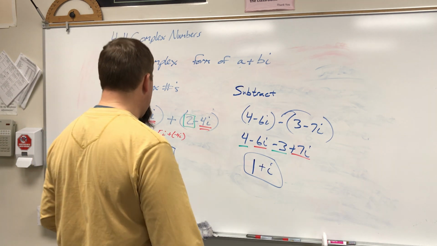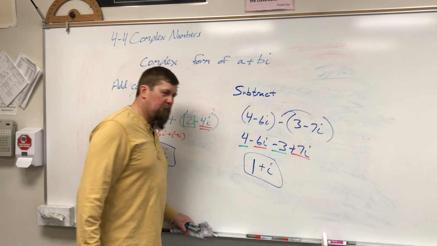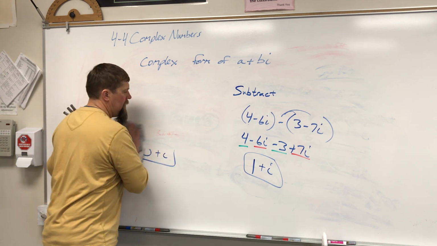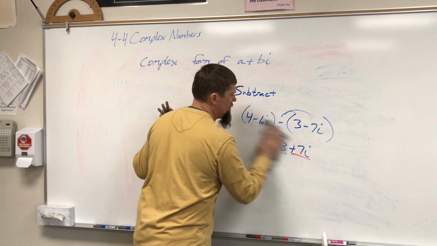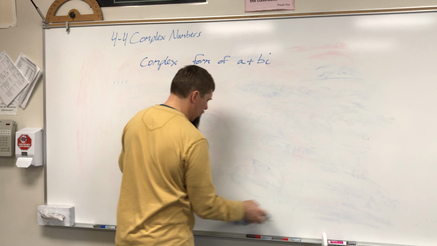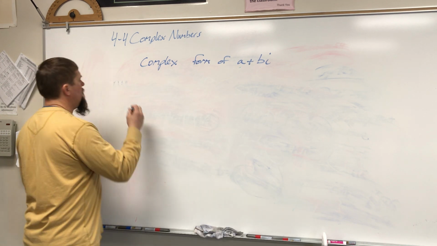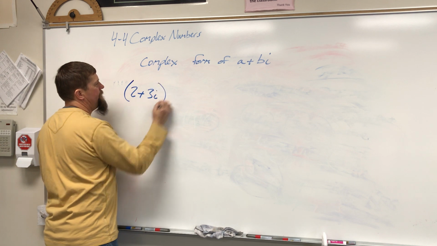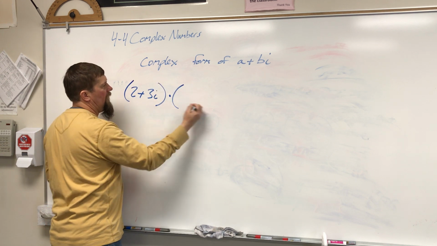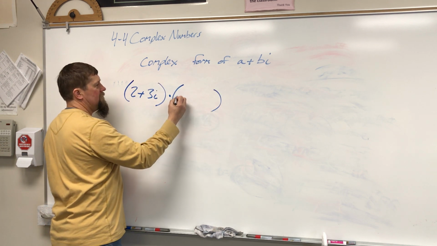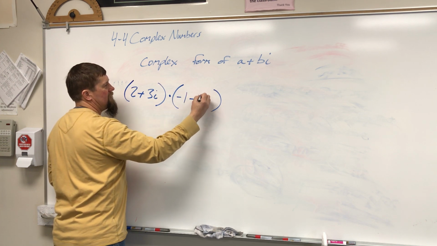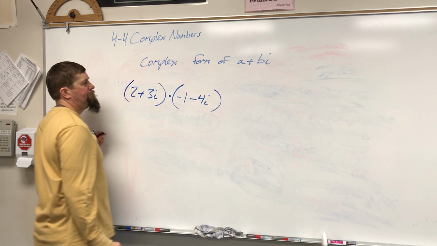Okay, next we are going to multiply two complex numbers. Now, let's try that. Let's give you a complex number, let's say 2 plus 3i, and I am going to multiply this times a complex number, let's say -1 minus 4i.